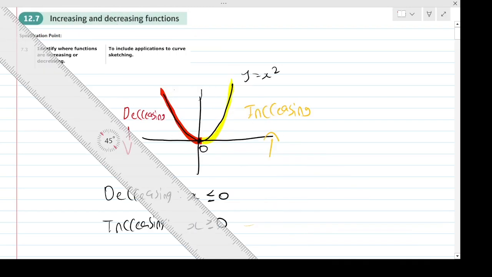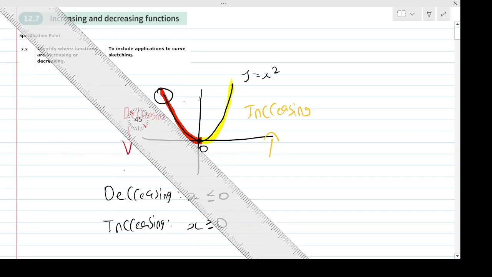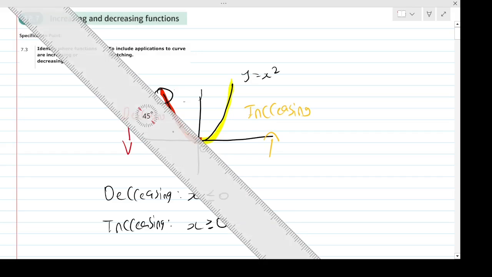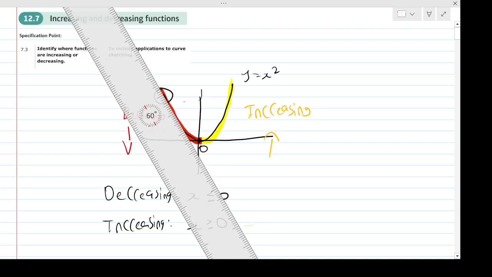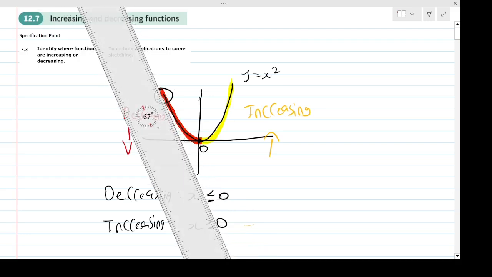What we're going to consider, with my ruler here, is the gradients along this curve, from the red part to the yellow part. Let's see what happens. We're going to start at this point here. If I draw the tangent to the point there, it's steeply going down. The tangent is negative, quite negative. It's steeply going downwards.